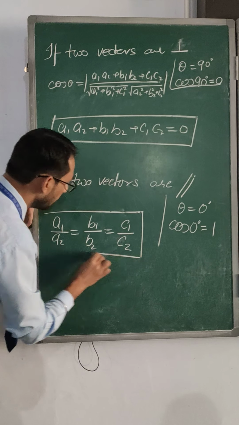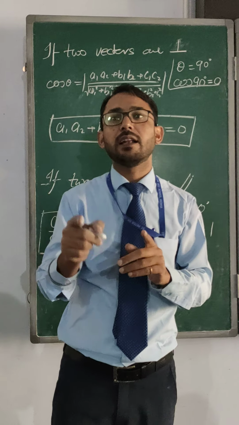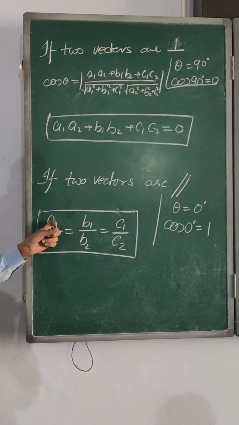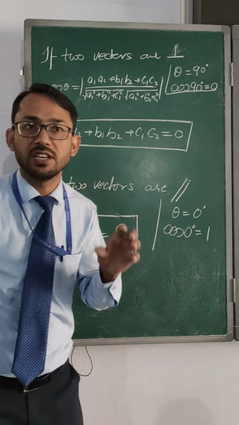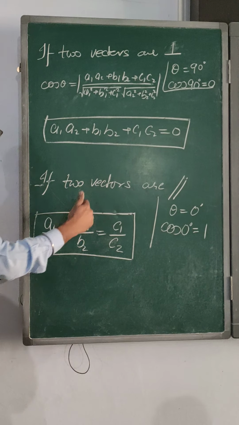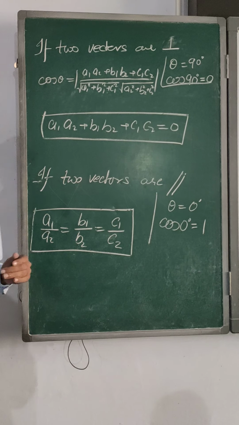Means if the two vectors are parallel or collinear, in that case direction ratios will be in the same proportion. That is, A1 upon A2 will be equal to B1 upon B2 will be equal to C1 upon C2.